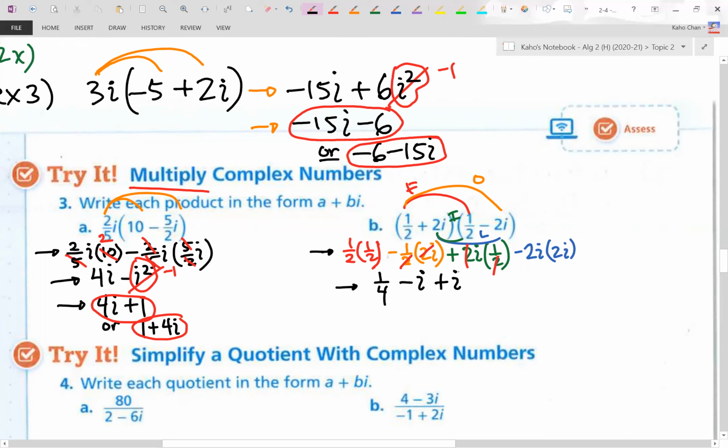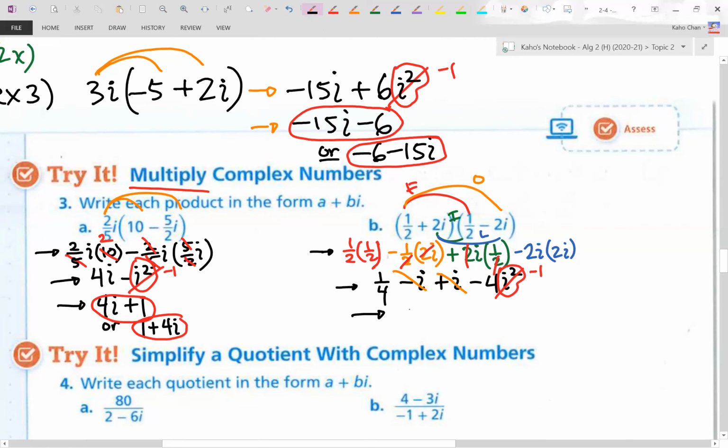And the last terms, we have a minus 4i squared. We know i squared is -1, so let's identify that. And look at the middle two terms when we FOILed it. -i plus i basically cancel each other out. They go away. Woohoo! Bye-bye.